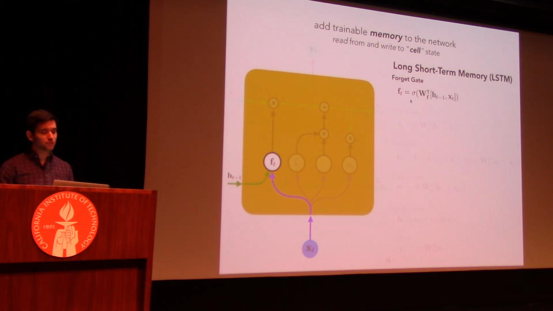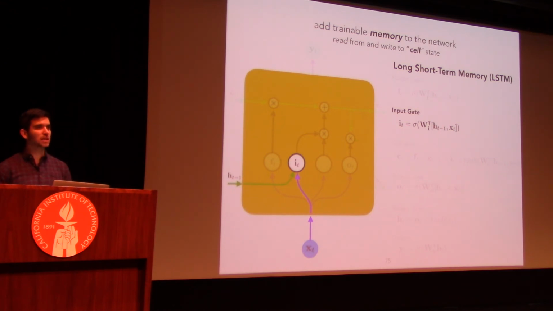And then in addition to this forget gate, you also have an input gate. This input gate is also taking in the previous hidden state and the current input. So you have these two gates here. And if you remember, we talked about highway networks and residual networks. It's a similar kind of idea, where we're using some gating here to selectively allow information through the network.